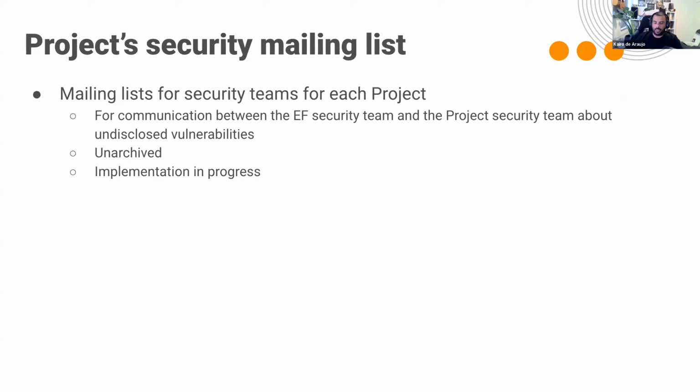Of course, we have our ways to do that, but we are working on mailing lists for security teams for each project, because it will make the communication more straightforward between the Eclipse Foundation security team and the project security team that will be treating the disclosure. And it will help us implement better progress while we are dealing with this vulnerability. So this is something that we are doing as an addition right now.